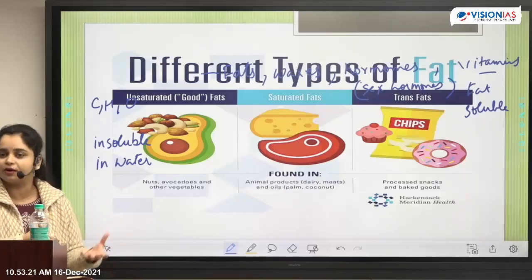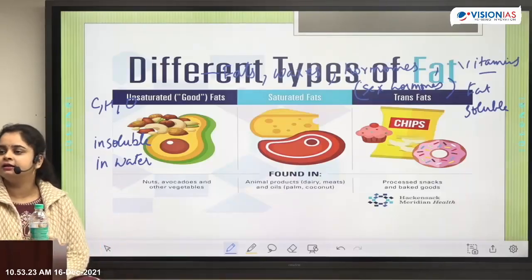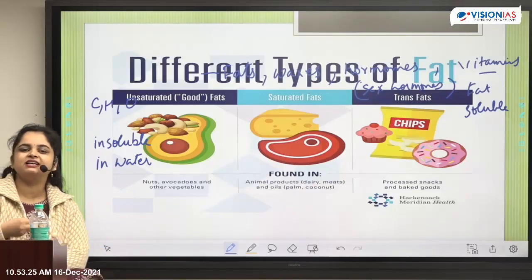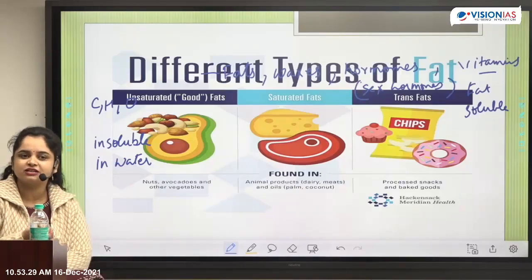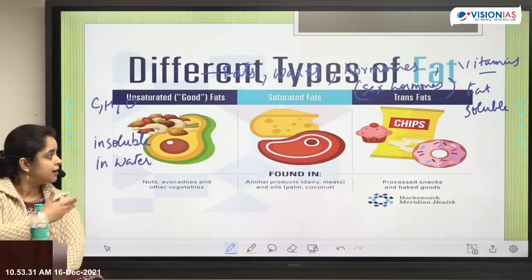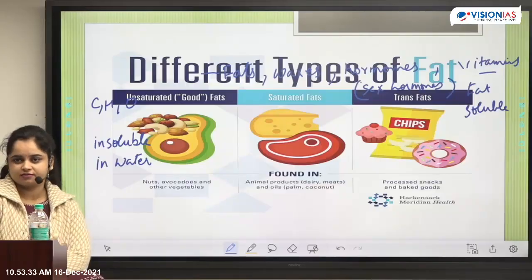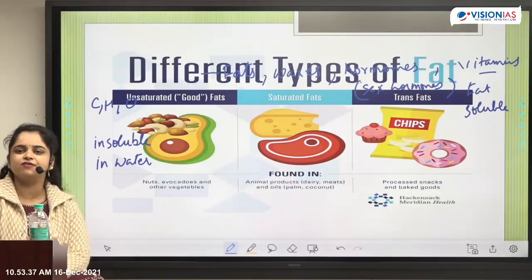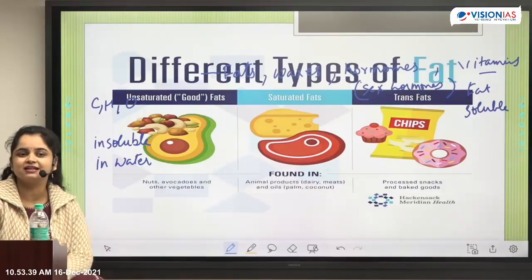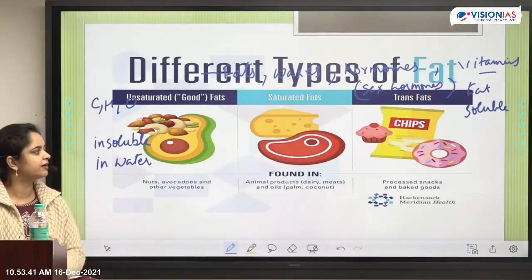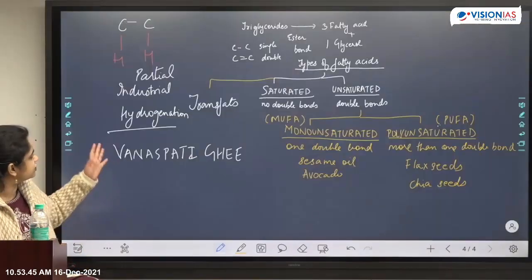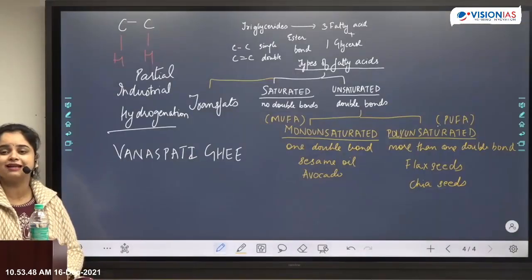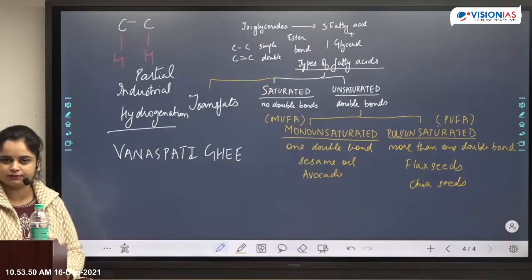They do not spoil easily, and they also give a better texture to your food. So the flavor and texture is greatly improved by the use of trans fats. That is their positive point. That is why we want to produce more trans fats and use them in our food products, and that's how this industrial hydrogenation process started and became very popular.